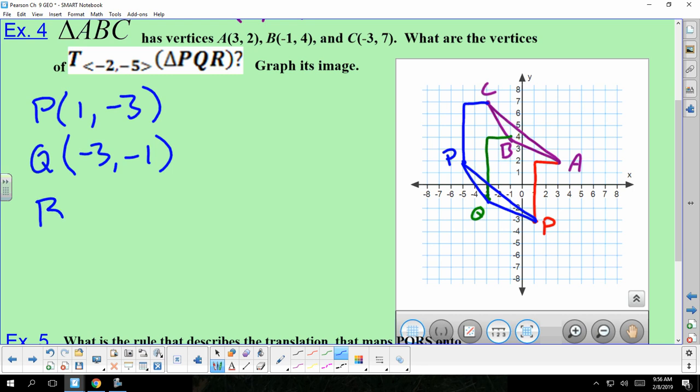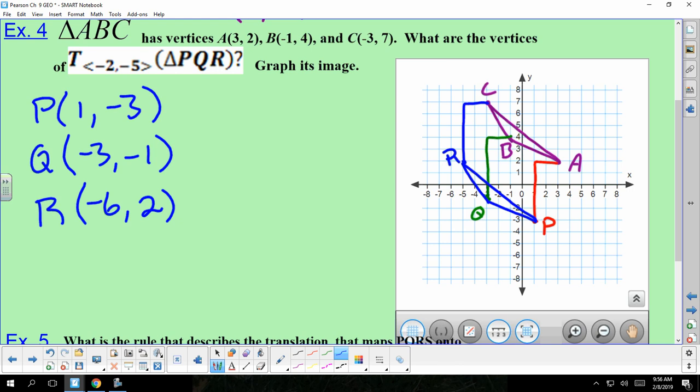And R, negative 6, 2. And we could have used those same properties we used up above by adding these to each of the points to find these values as well and graphing them. But in the coordinate plane, it makes sense to just go ahead and slide one way again.